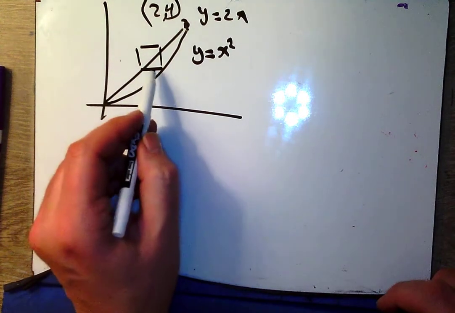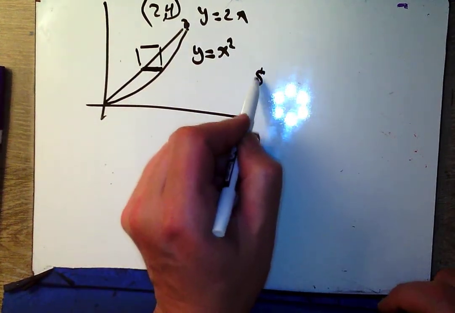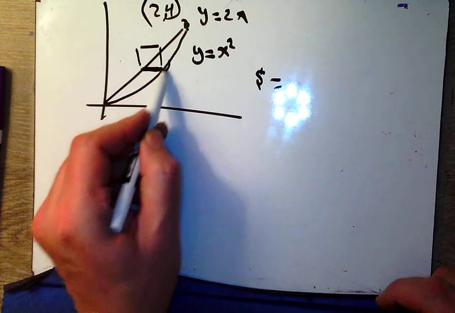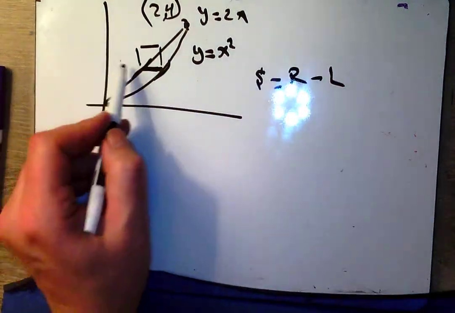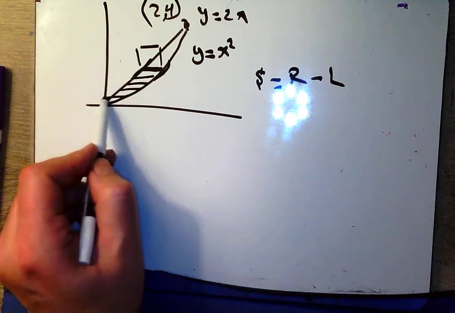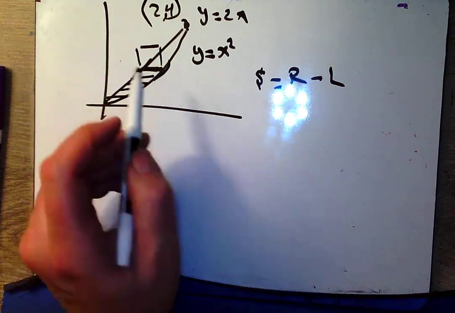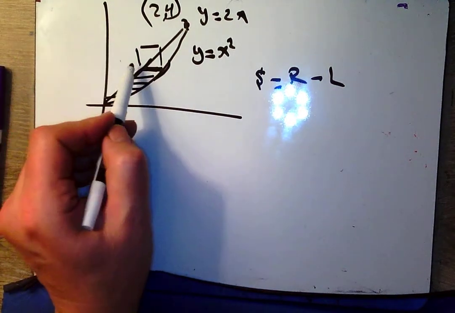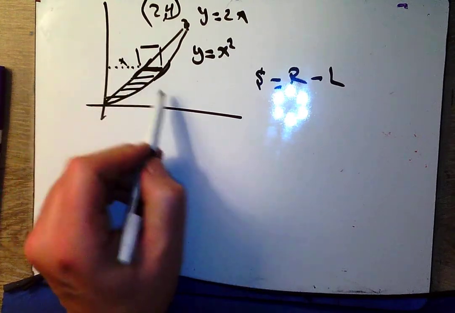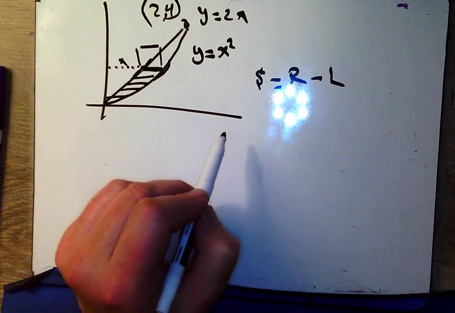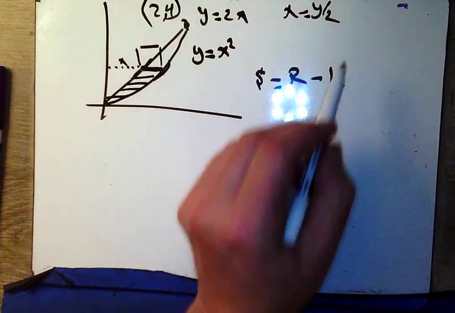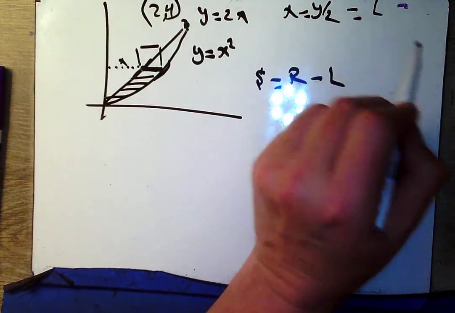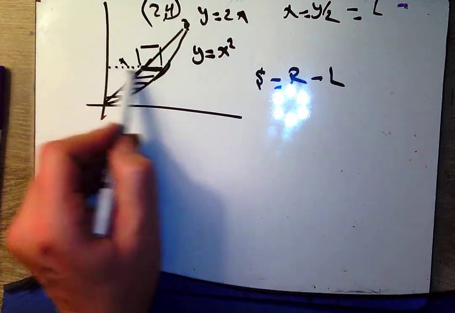Okay, so this is a side length, and to find it, I'm going to do right minus left. Now, remember, the slices are going this way, so I need things that say x equals, because this is the x value for that curve. x equals y over 2. So L is the left one, this one over here.